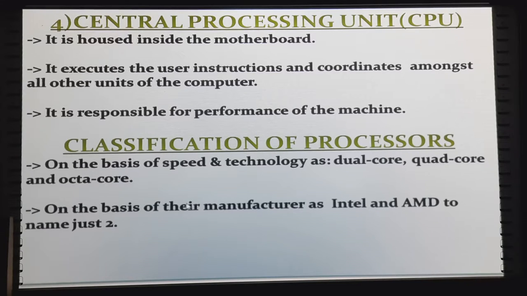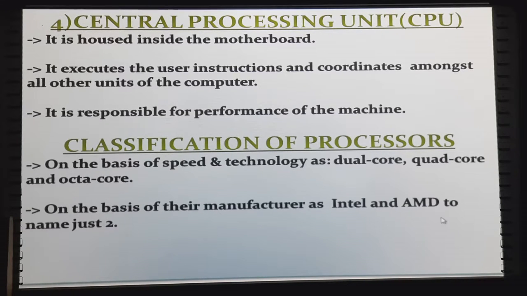On this basis they are classified as Intel and AMD, to name just two. Apart from Intel and AMD, some other organizations also manufacture different kinds of processors, but here we will restrict our discussion only to these two organizations, Intel and AMD.